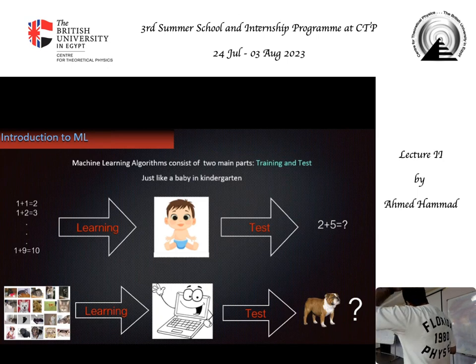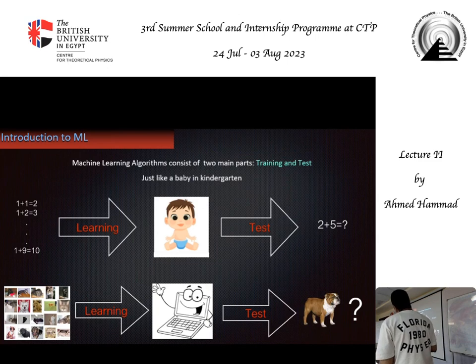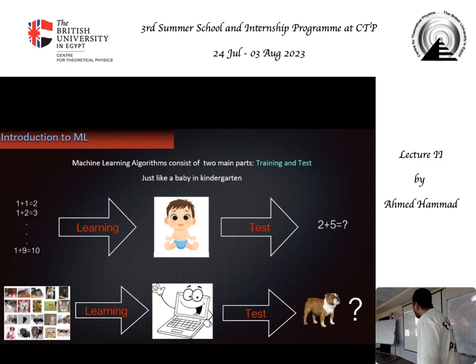An example: I have two kids, they are twins, and when I try to teach them how to do the sum, I get them in exactly the same column like that, and then I say, okay, 1 plus 1 equals 2, 1 plus 2 equals 3, and so on, until 1 plus 9 equals 10. From this, my kid actually learns and understands the logic of the plus, right?